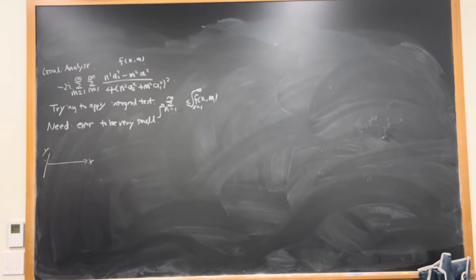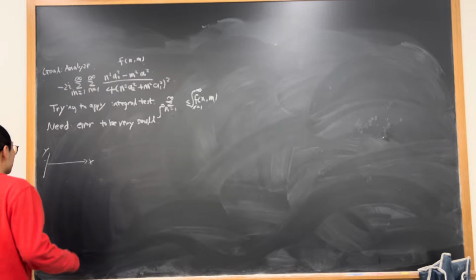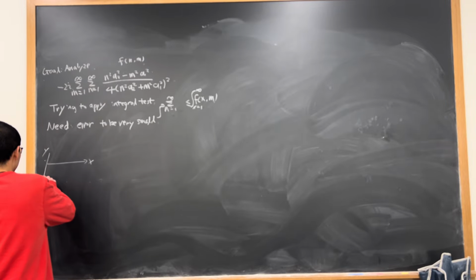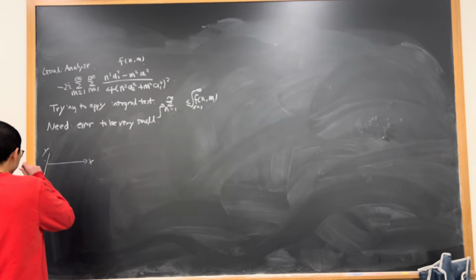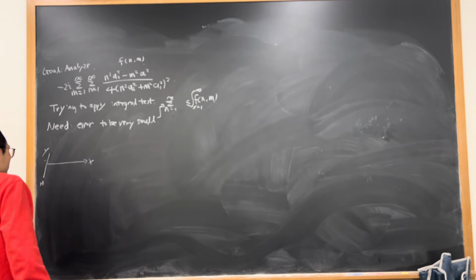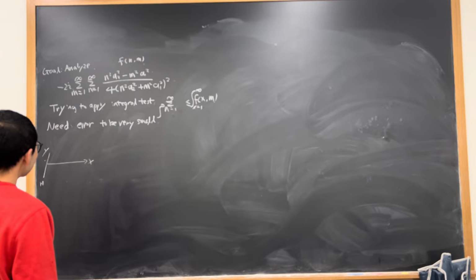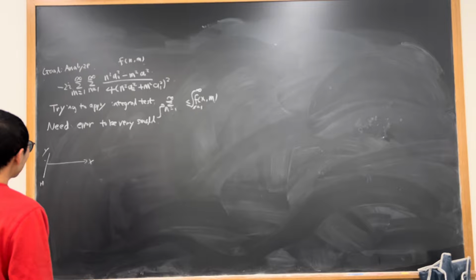Okay, let's take the second derivative of this function with respect to this variable m. Let's see where the function is eventually decreasing, and then maybe we can analyze from there.